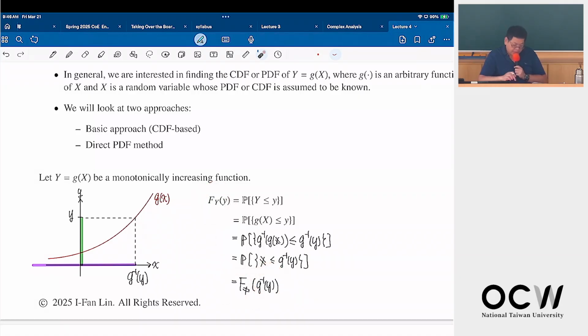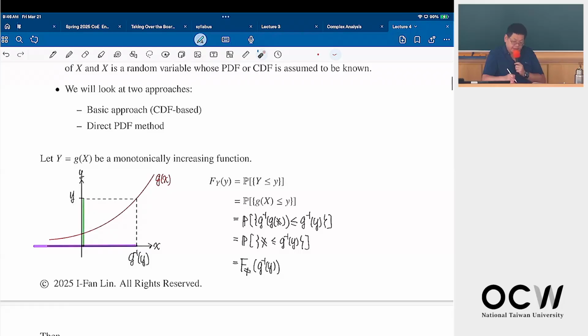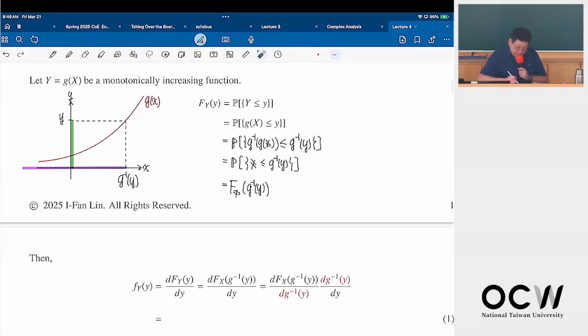Then what is the PDF of y? To find the PDF of y, the basic approach is that I find the CDF and then I take the derivative to get the PDF. So I take the derivative of my CDF of y, and we found that the CDF of y is F of x at g inverse of y. Then we use the chain rule.